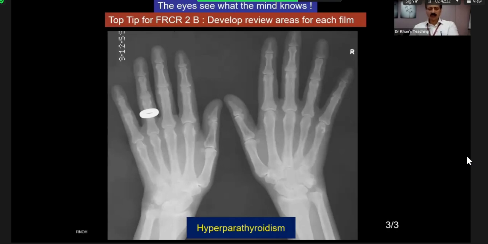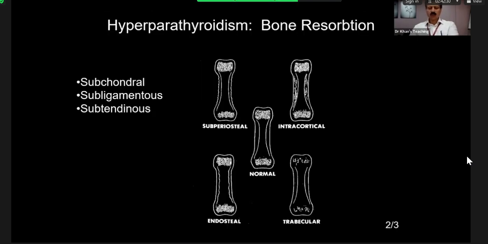Actually, what happens in hyperparathyroidism is that there is all kinds of resorption of bone. And we will cover hyperparathyroidism this Saturday. But there is an entity we call subperiosteal bone resorption. When there is subperiosteal bone resorption, the outline of the periosteum appears fuzzy and indistinct.